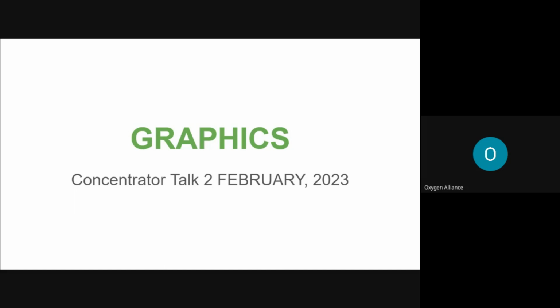Our poll reads: have you ever encountered an oxygen concentrator with no flow when the machine has been switched on and the compressor is running? So I am going to leave the poll open for a few seconds for people to vote.